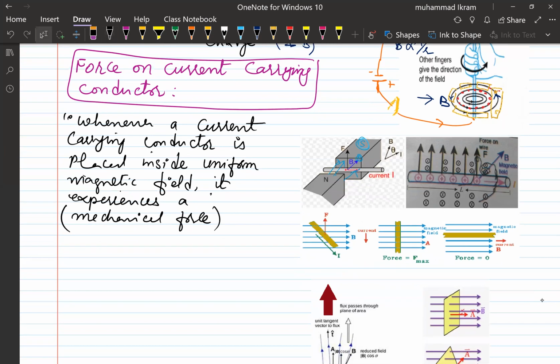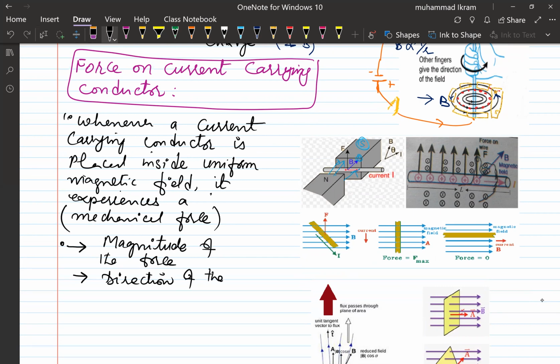Two things are important. One, the magnitude of the force. And second, the direction of the force.